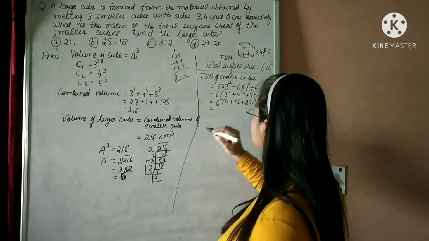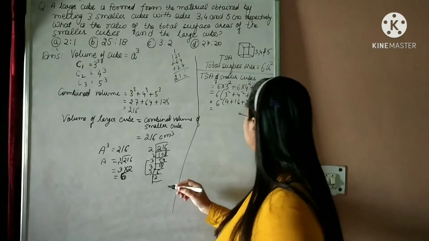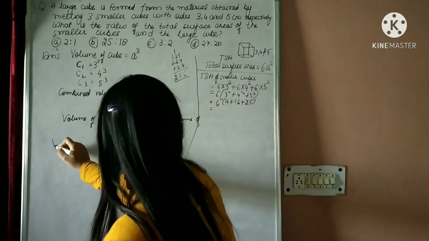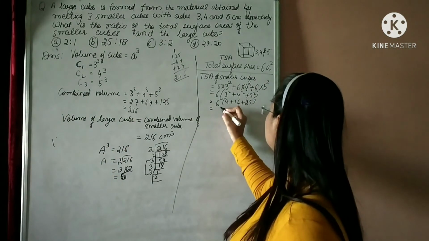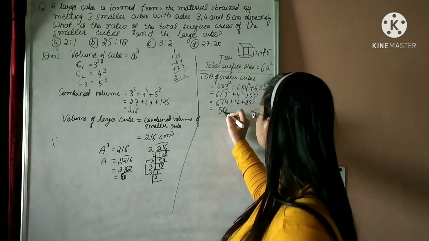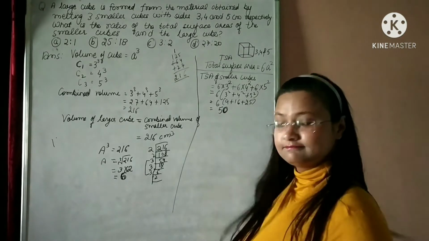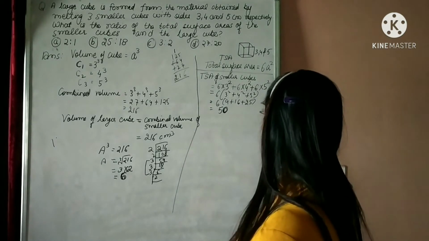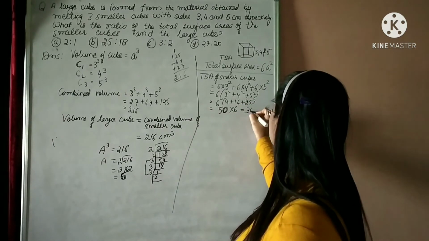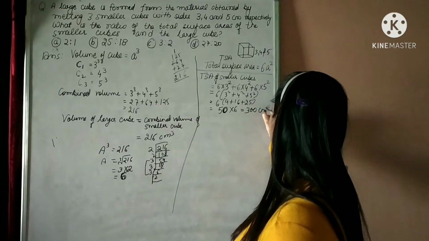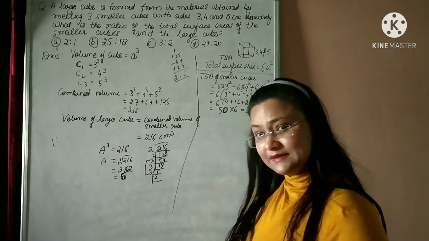So how much is it? Let me calculate here. 16 plus 9 is 25, plus 25, so it is 50. Into 6, I'm sorry, so it is 300 centimeters square.